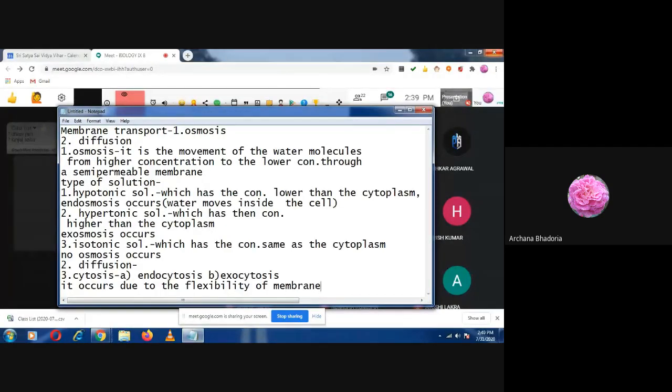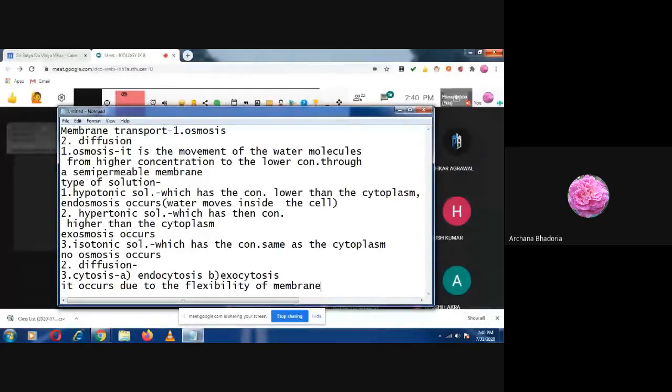You all have done nutrition in amoeba in the other class. Yes or no? Yes, ma'am. So you must be remembering that a food particle comes near the cell membrane, then one cup-like structure is formed, and then that food particle will go inside.